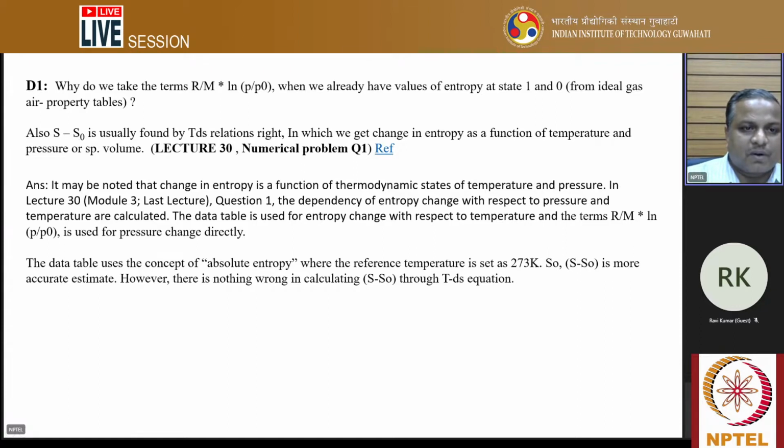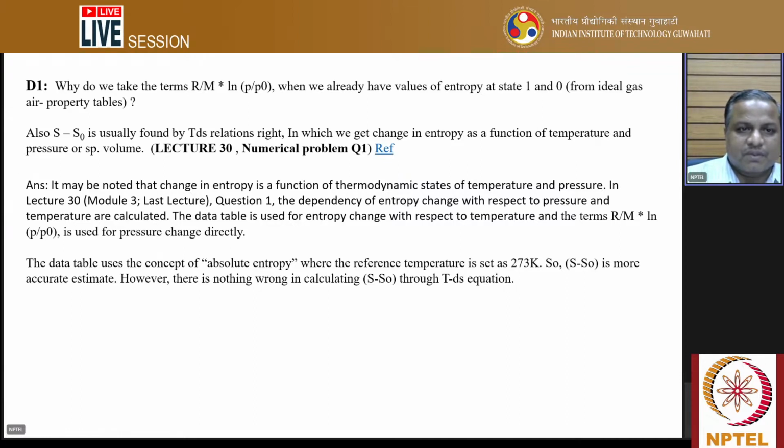So while solving the problem, we have used these equations that involves the concept of absolute entropy, where based on the data table, it is easy to calculate the values of absolute entropy from the table itself. And the expressions were used for that particular parameters.